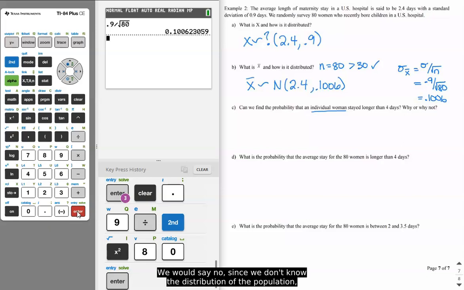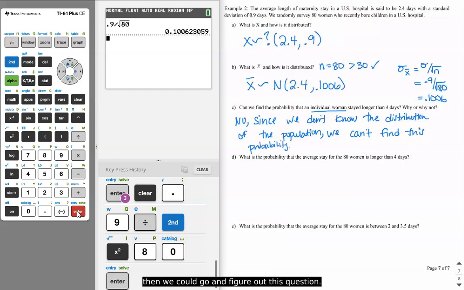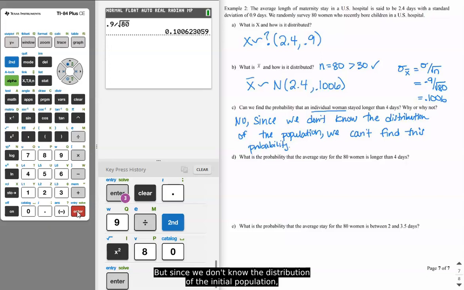So we would say no, since we don't know the distribution of the population, we can't find this probability.